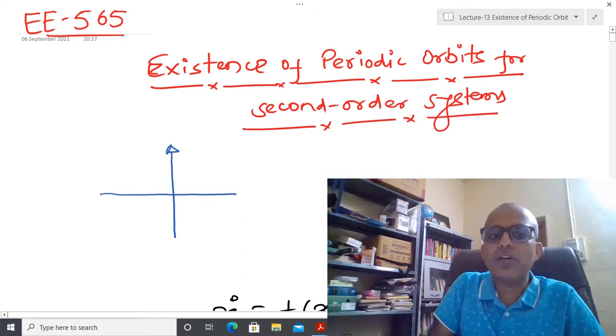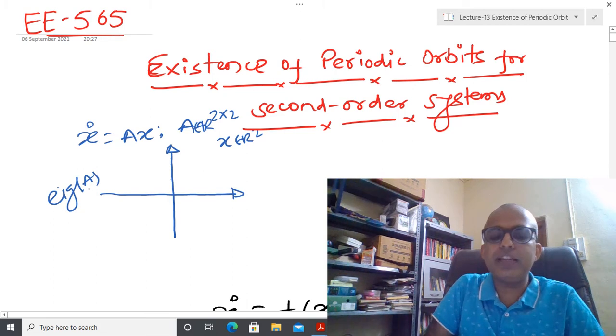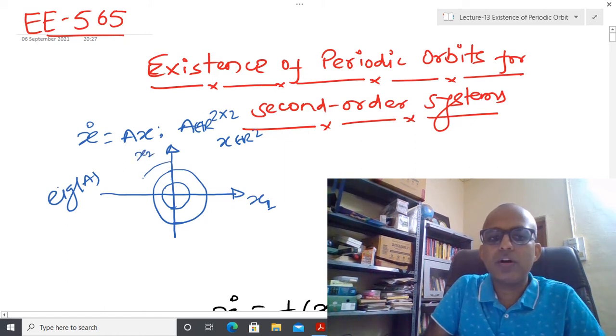In the case of a linear oscillator, we already know that if I have a second order system where A belongs to a 2 cross 2 matrix and x also belongs to R2, and the eigenvalues of the A matrix are purely imaginary, then every closed curve in this two-dimensional plane becomes some kind of orbit.